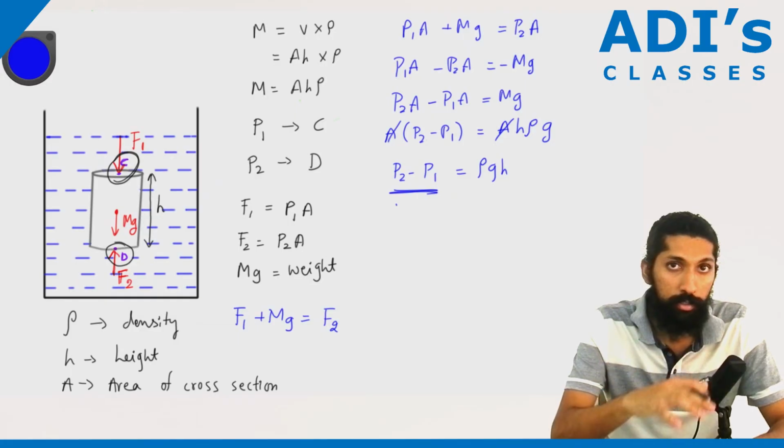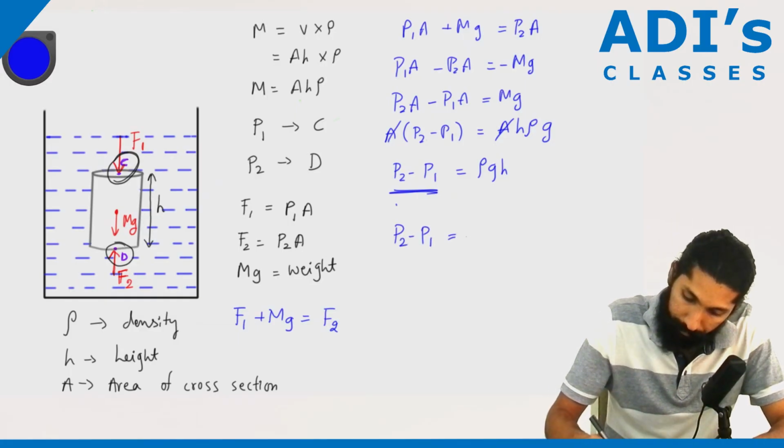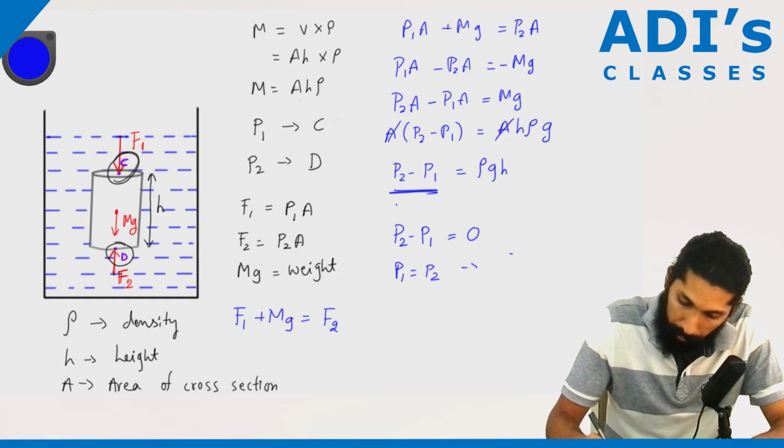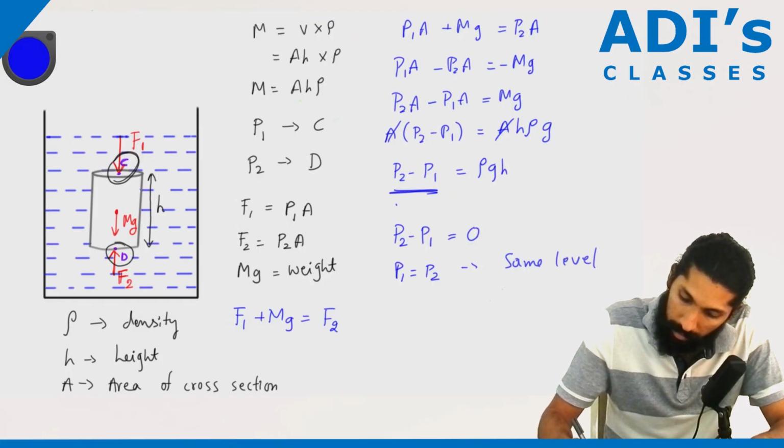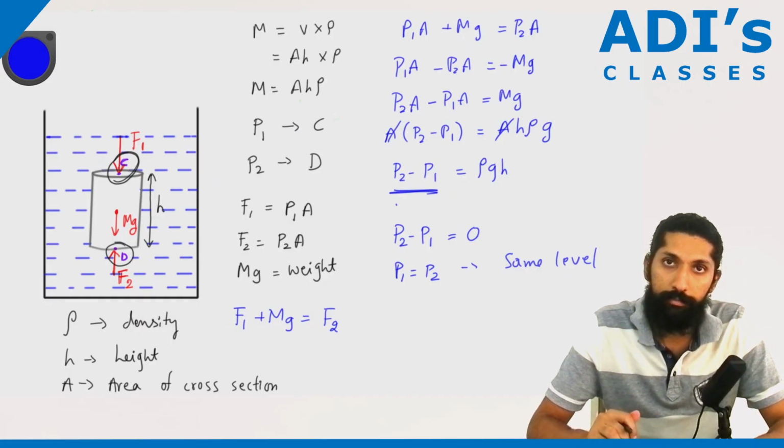Then you're going to get P2 minus P1 is equal to 0, or P1 is equal to P2. Now this is for the same level. If 2 points are at the same level, you get P1 is equal to P2.